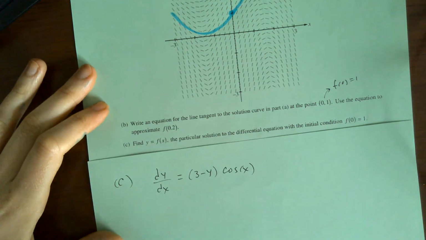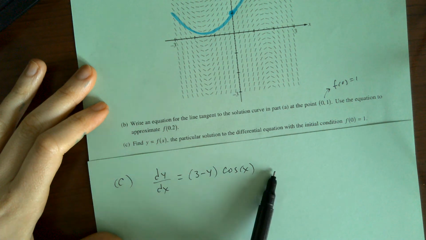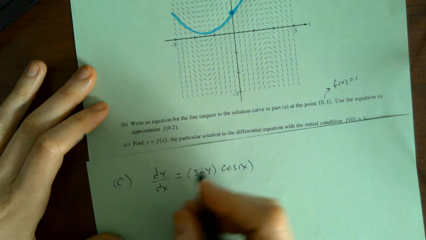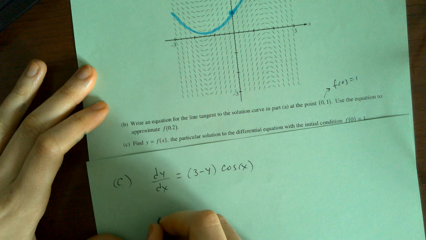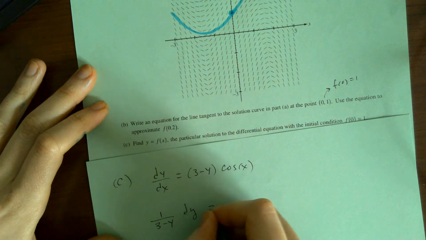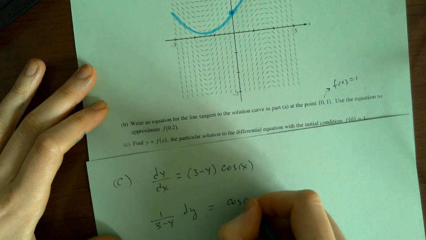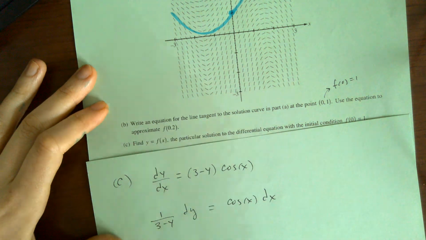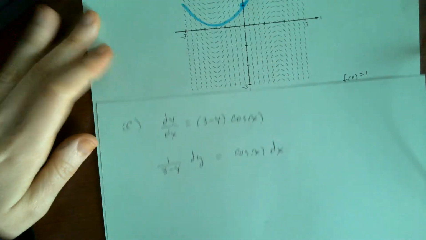I've got to separate the variables. I want the y's over here and the x's over there. Do this more slowly if you need to, but I'm going to be dividing both sides by that and then multiplying both sides by dx.